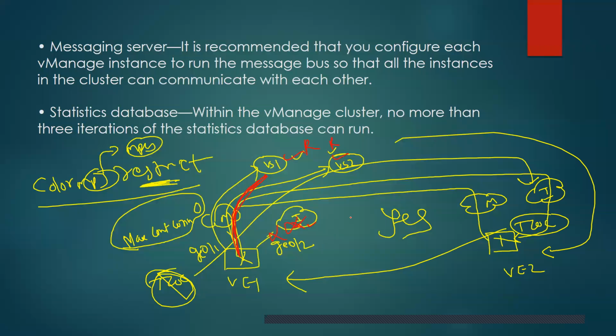Yes, Ratnesh, your question is very good. So in the scenario where we perform control connection zero, nothing will be communicated from this vSmart on this interface.